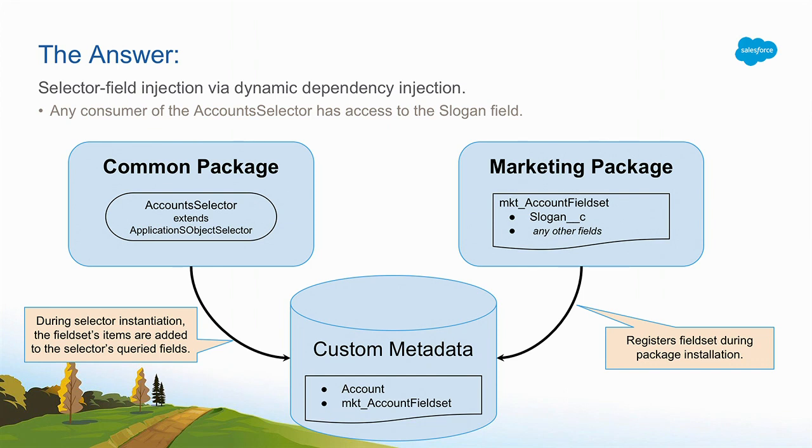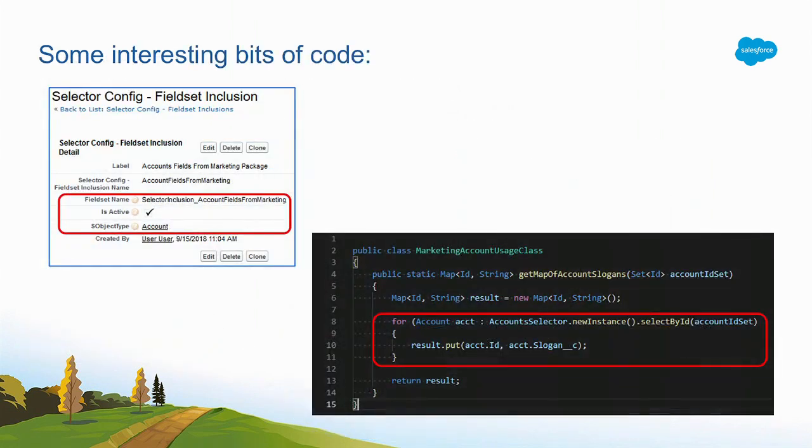All right, so this is where we put the dynamic injection functionality using ForceDI, where it will read from the custom metadata, pick up all the records, and then inspect those field sets and get the fields out of them and add them to the SOQL query that drives the whole thing, so that any user of the account selector is going to get this new field that we've added.